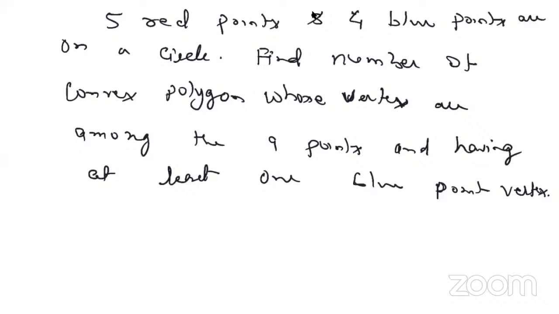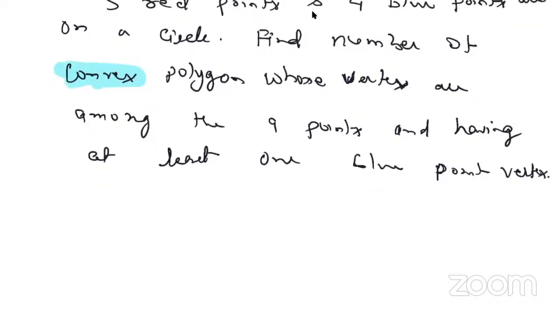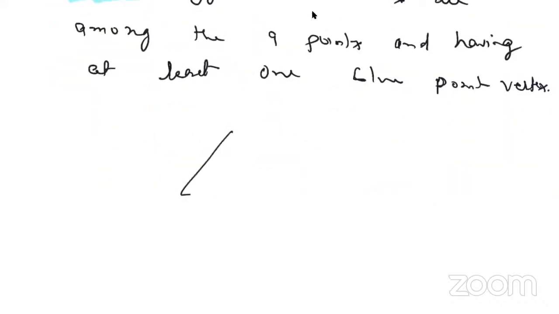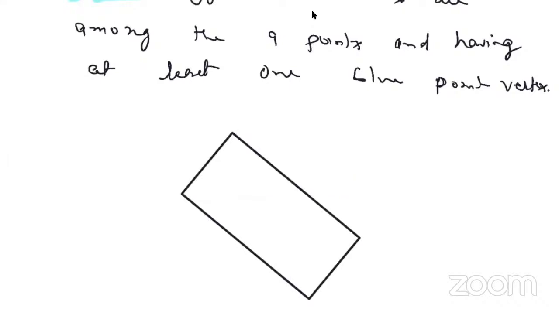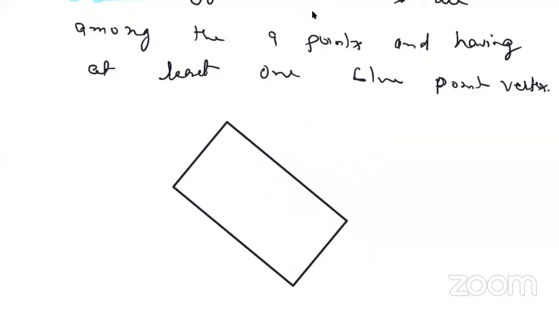We have to form convex polygon and concave polygon. First, you have to understand the words concave and convex. Convex is what you regularly take; it could go in any way, anywhere around.